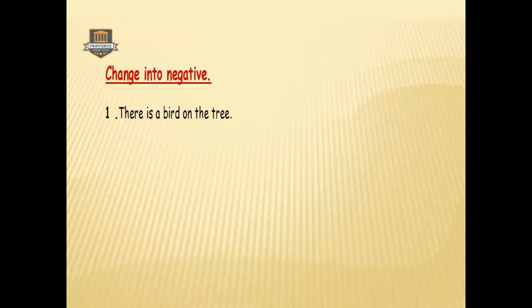Okay. Another type of questions that we have in our booklet, change into negative. Once I have changed into negative, in most of the sentences I have to use any, especially in this lesson. It's about some and any, so I have to use any here. But this is a very tricky sentence. Read the sentence again, please. There is a bird on the tree. A bird. It's a singular word. Can we use some or any with a singular word? No, we can't.